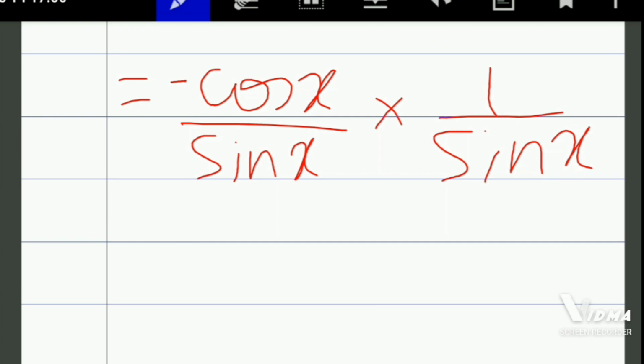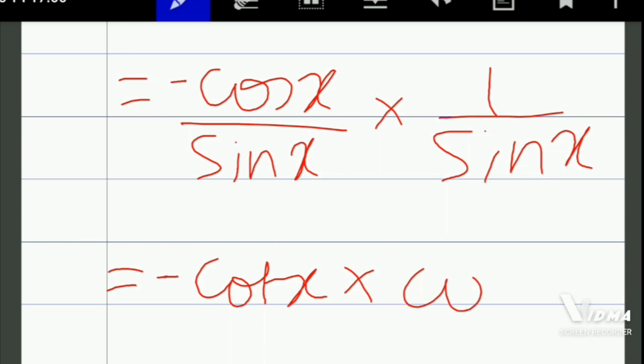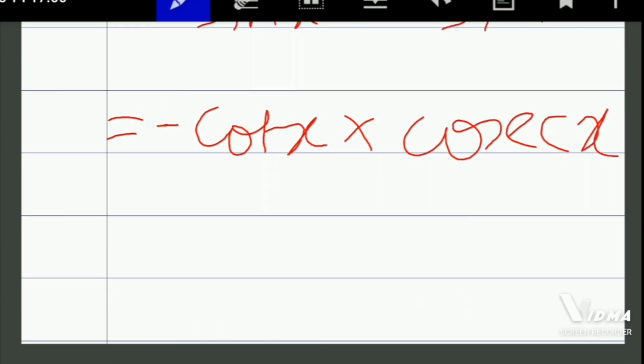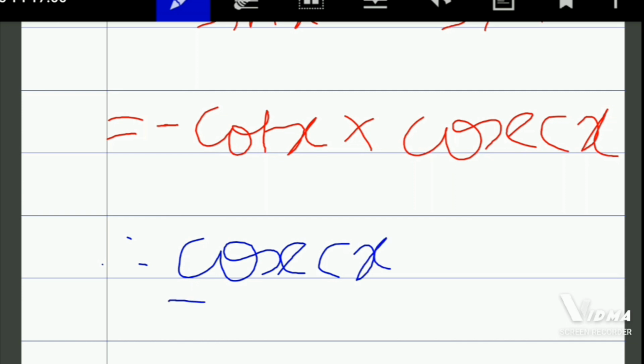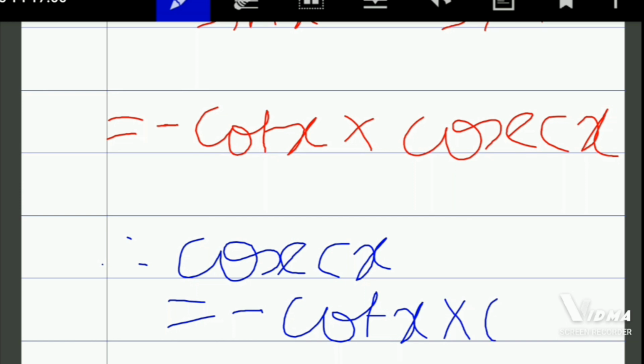Now according to the trigonometric rule, negative cos x by sin x would be negative cot x, and 1 upon sin x would be cosec x. Therefore the final answer is that the differentiation of cosec x is equal to minus cot x into cosec x.